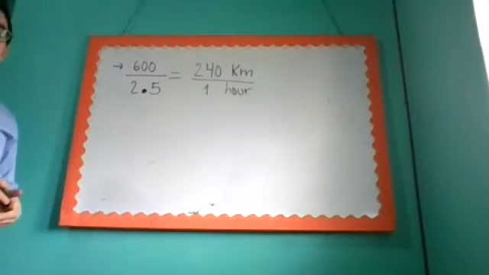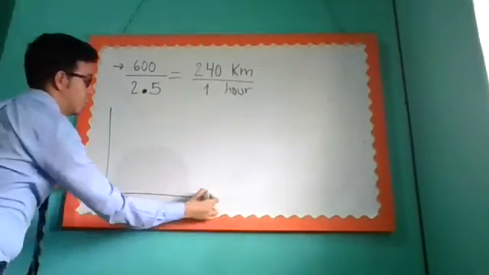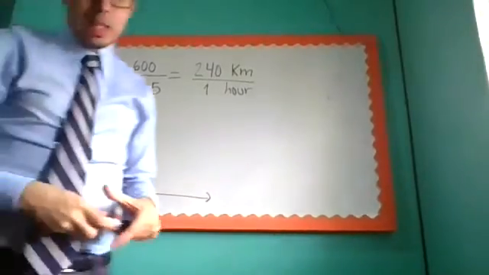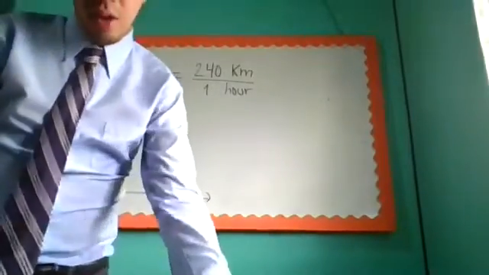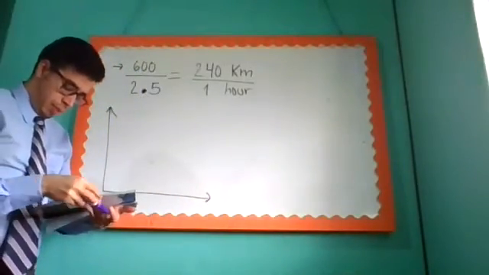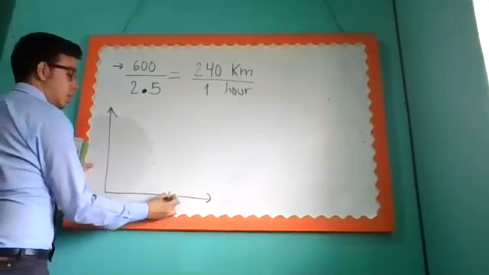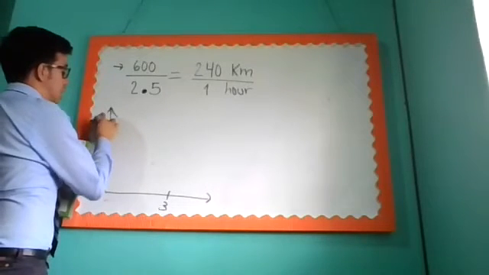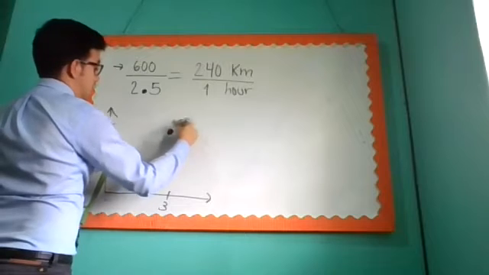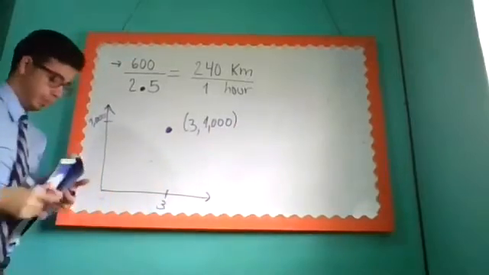I need to do the same for the Japan train. I have the graph. I'm going to solve the graph with you. In this case, for example, we have 3 points. We are going to use only 2. You have that when x is 3, y is 1,000. The point in here is 3 for x and 1,000 for y.